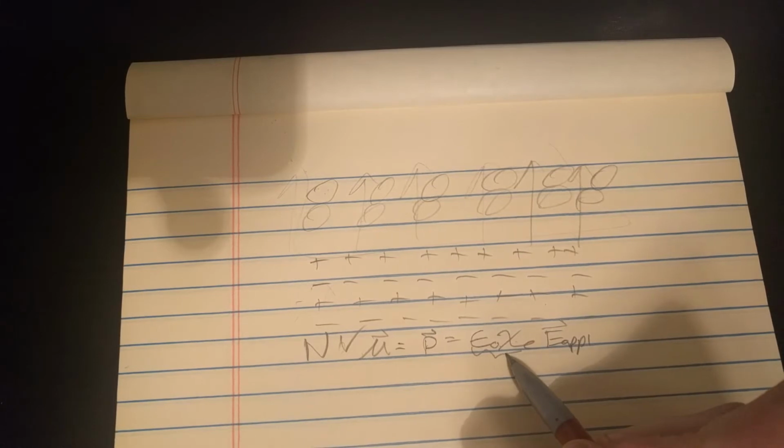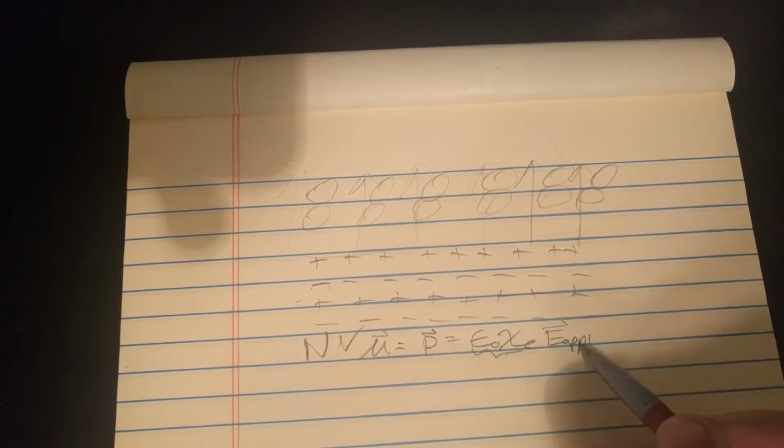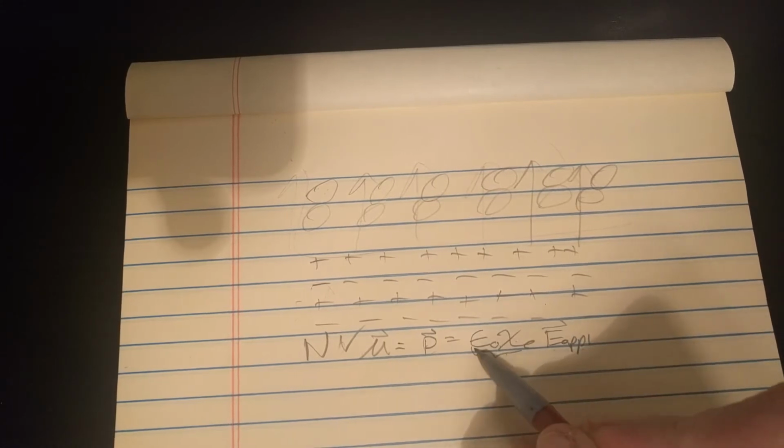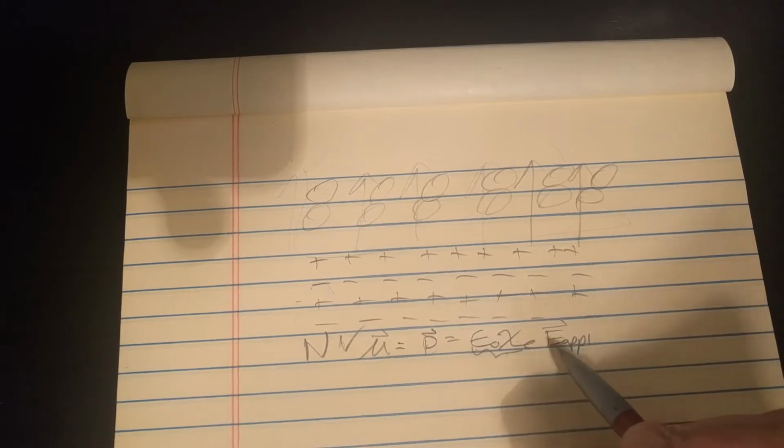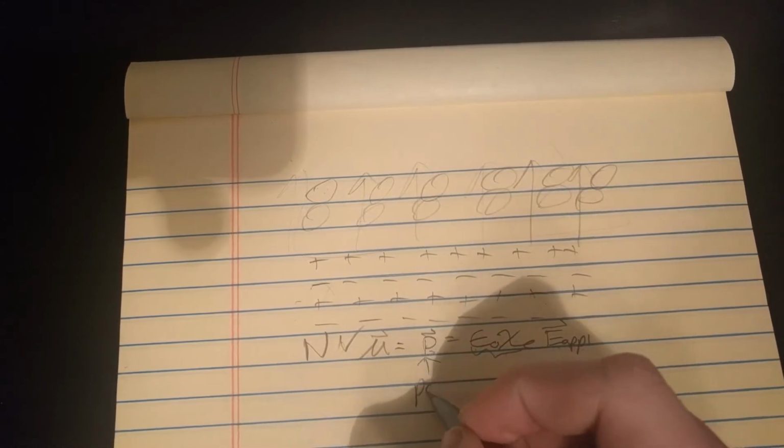So same thing here. We're assuming this is a linear relationship, so that if we double our electric field, we're going to double this. If we double our electric field, we double the polarization, this P. So this is called the polarization.